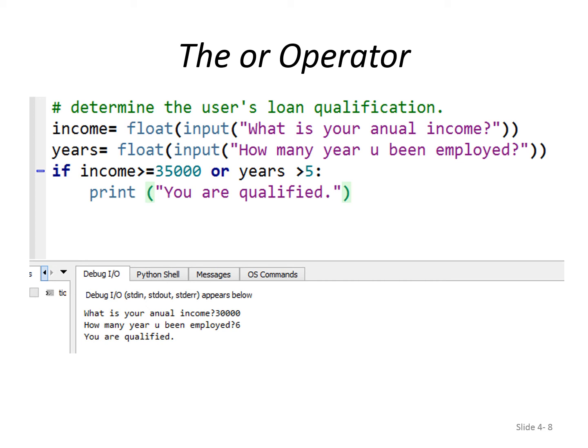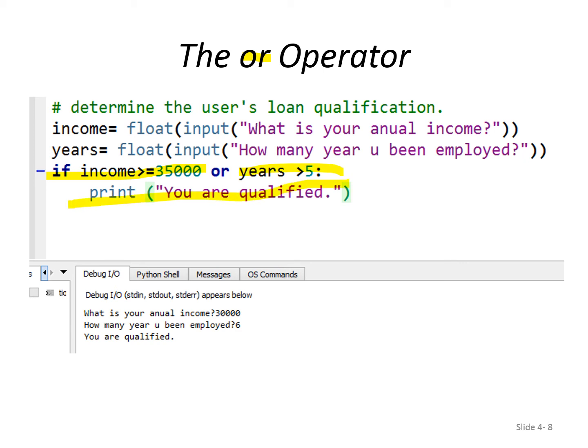Okay, so let's go to the or operator. You can see here the income is a float, input your annual income, and then years, input how many years you have been employed. Or means if either one is true, then it is true. So if income is greater than or equal to 35,000 or years is greater than 5, then it will print you are qualified.